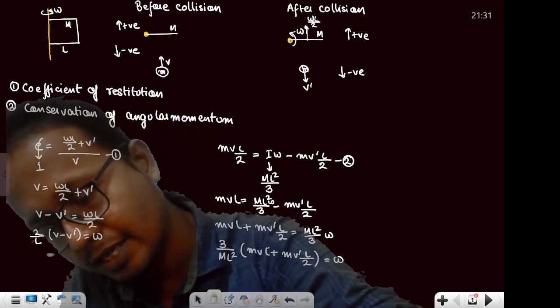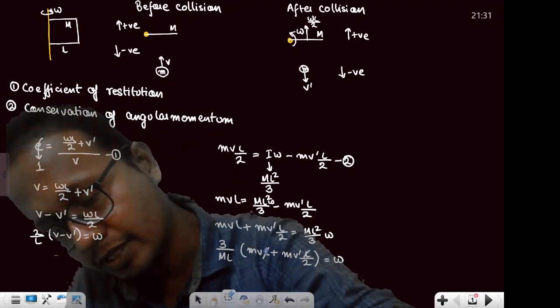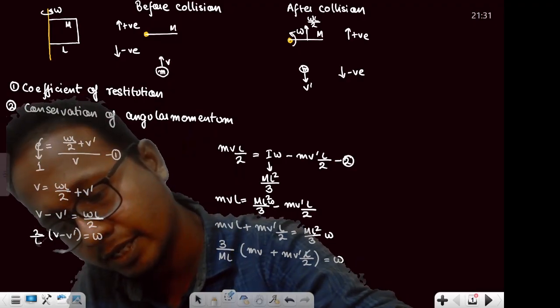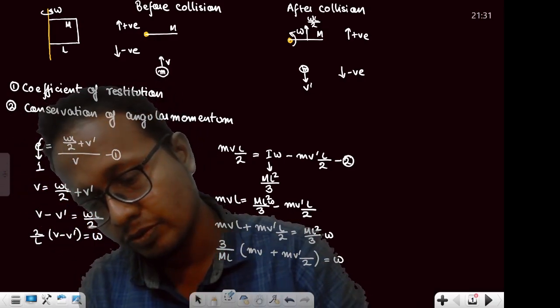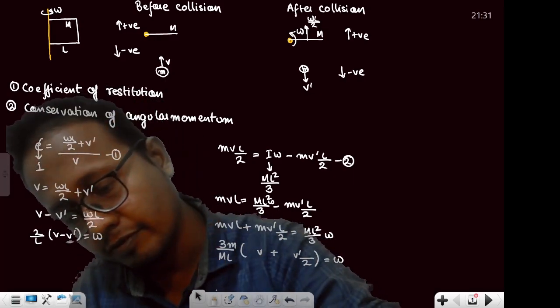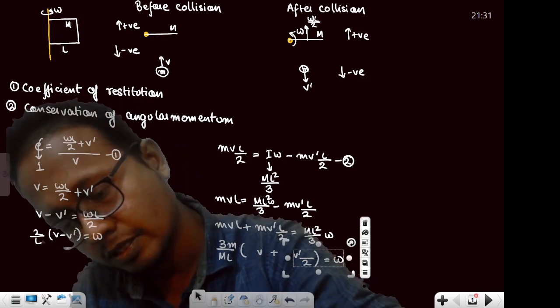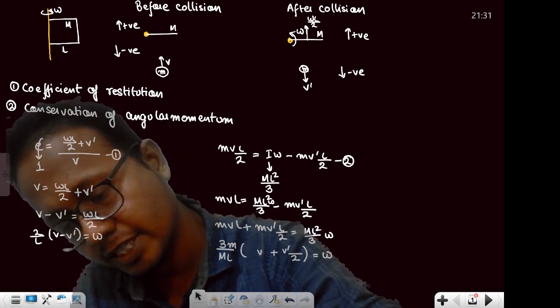Okay, let's cancel out L and L square out here. I'm simplifying from the start only. No need to complicate it further down the line. So I'm taking m common outside. So it is nothing but v plus v dash by 2. This entire equation would be nothing but v plus v dash by 2.